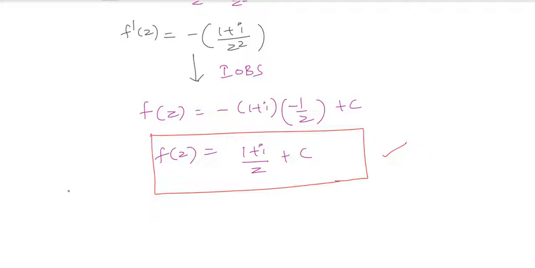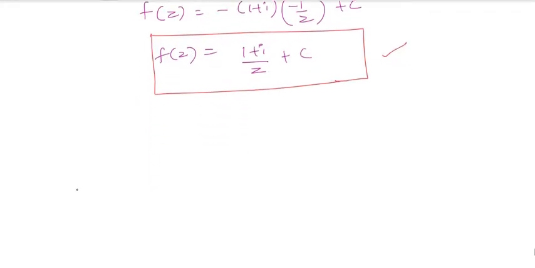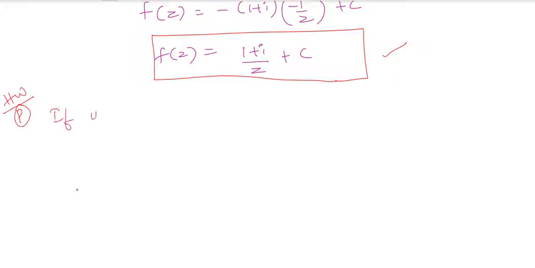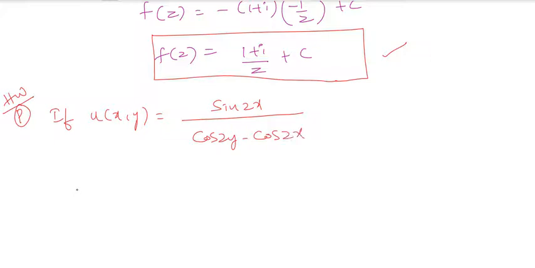I'm giving one homework problem, try to get that value. This is a homework. If u of x, y is equivalent to sine 2x by cos 2y minus cos 2x, then f of z in terms of z is... This is the question.